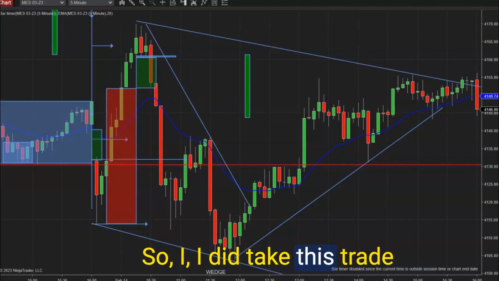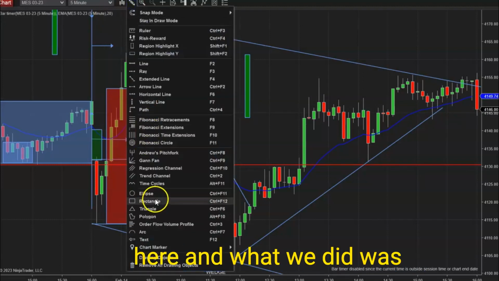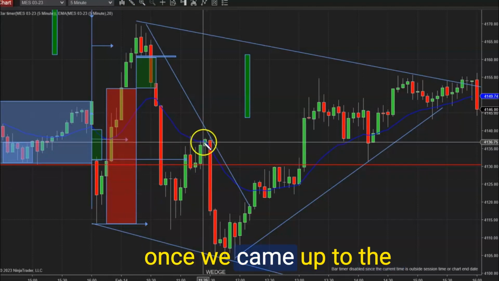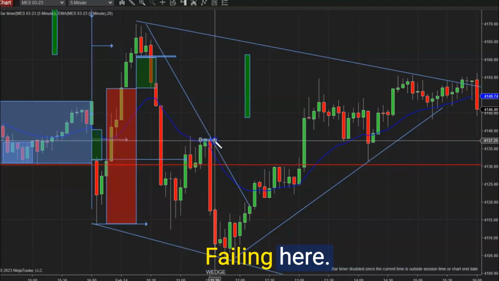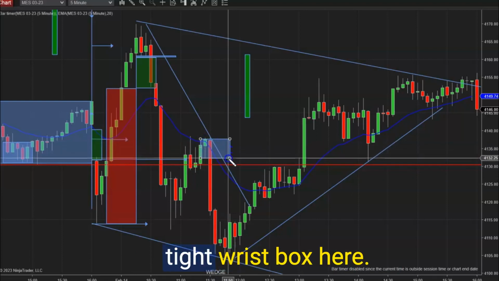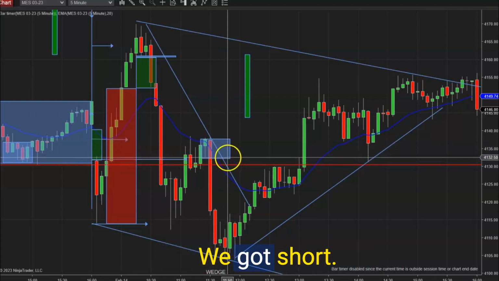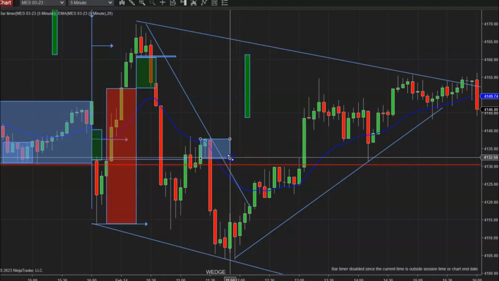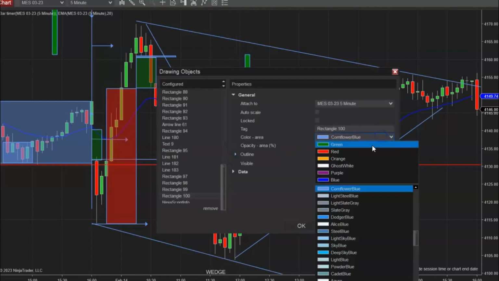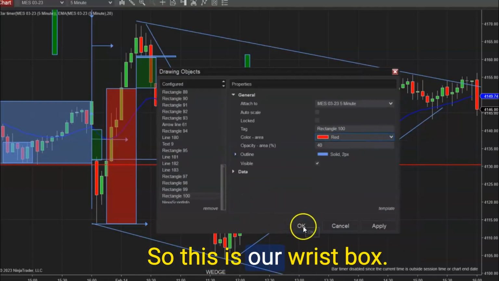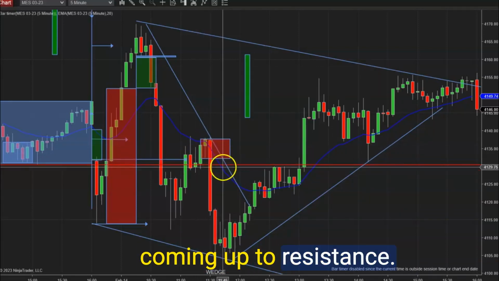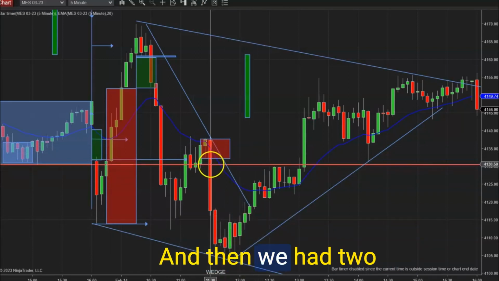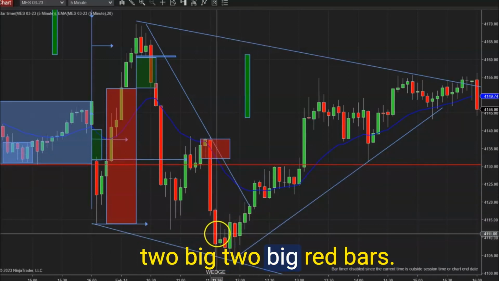So I did take this trade here, and once we came up to the moving average and this started failing here, we used this very tight risk box here. We got short. So this was our risk box. We got short below this green candle here, coming up to resistance, and then we had two big red bars.